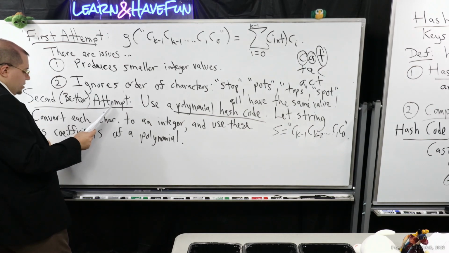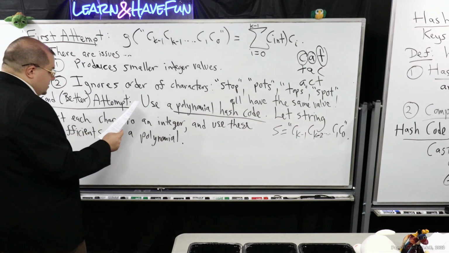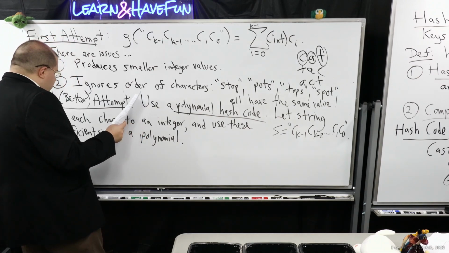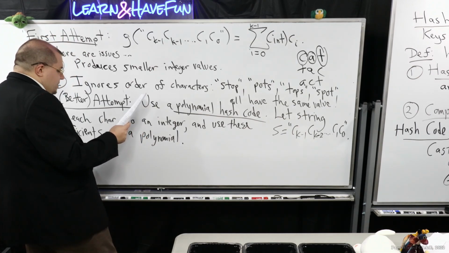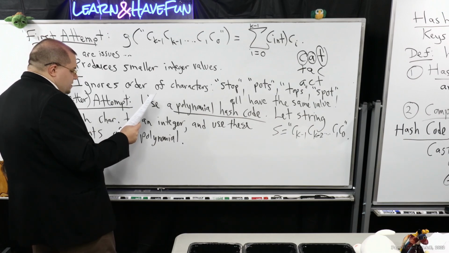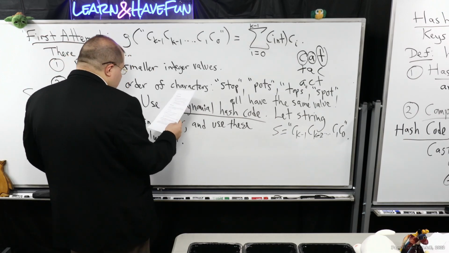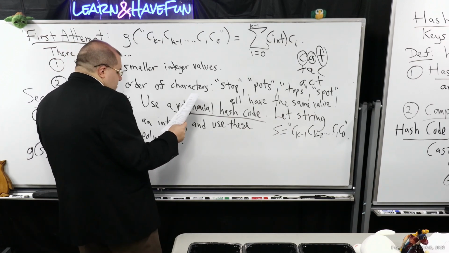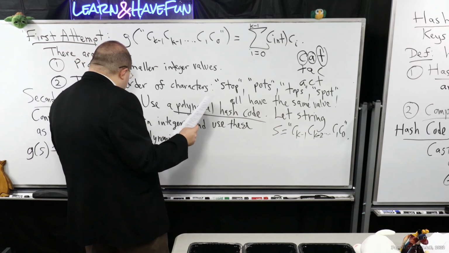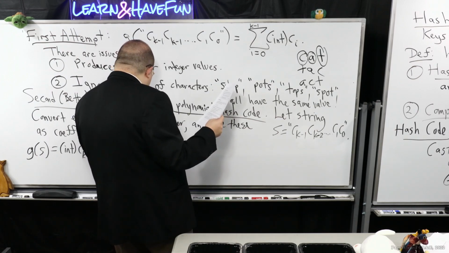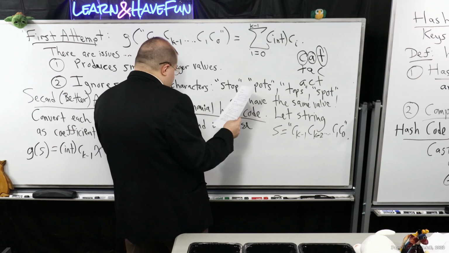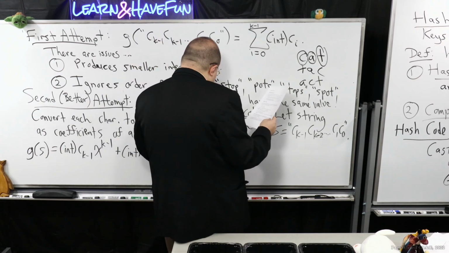So we have g of s, or g with input s. It's going to take each character, cast it to an integer. It's going to multiply it by x to the power of k minus 1, plus it's going to cast the next integer, c sub k minus 2, and multiply that by x to the power of k minus 2.